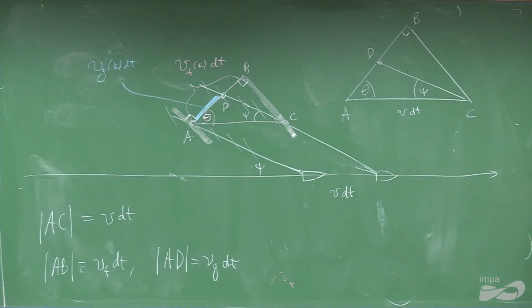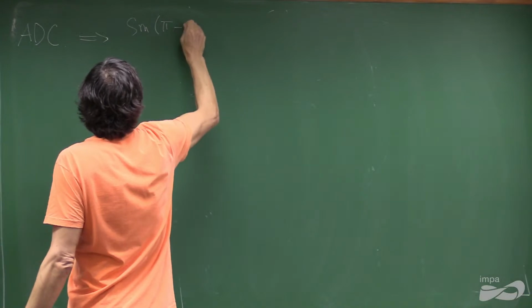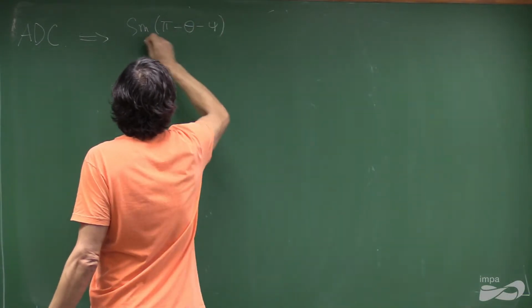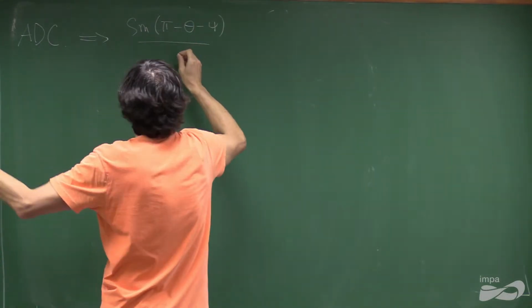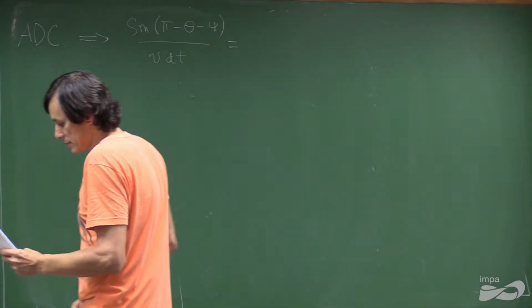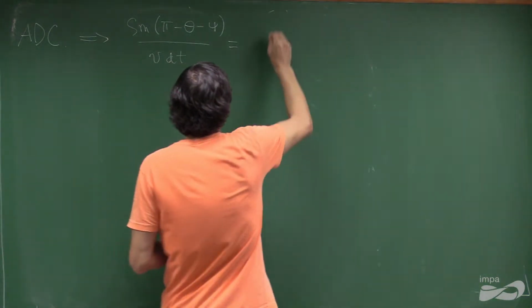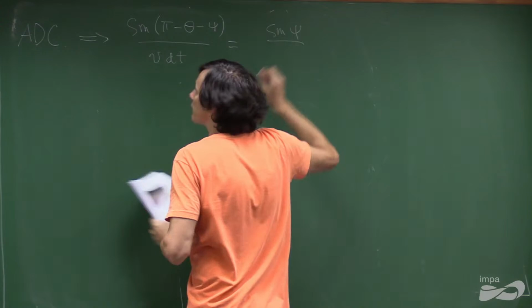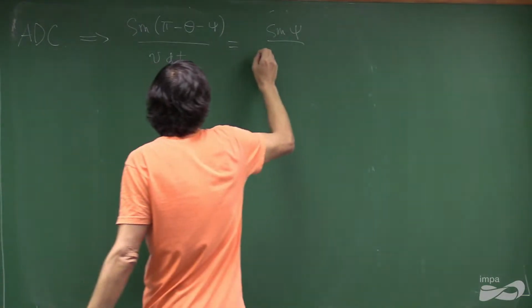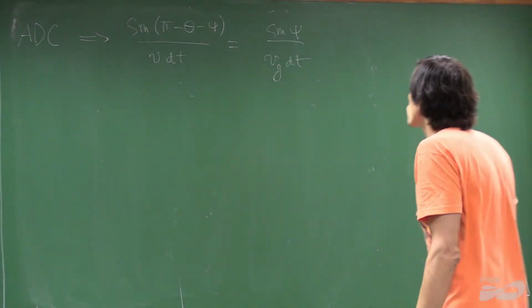So we can say that the sine of this angle, which is pi minus theta minus psi, divided by AC, which is v dt, is the same as the sine of this angle divided by the side AD, which is the group speed times dt. Okay.